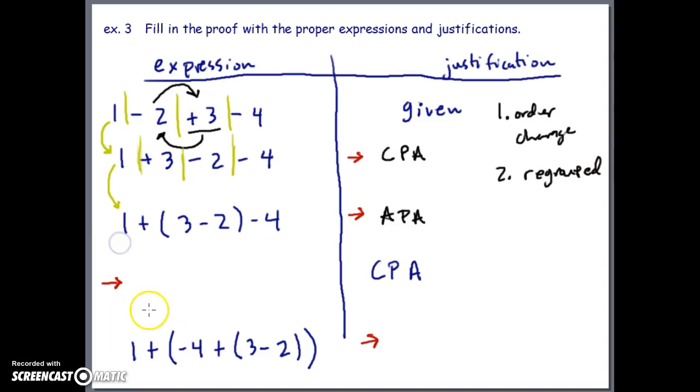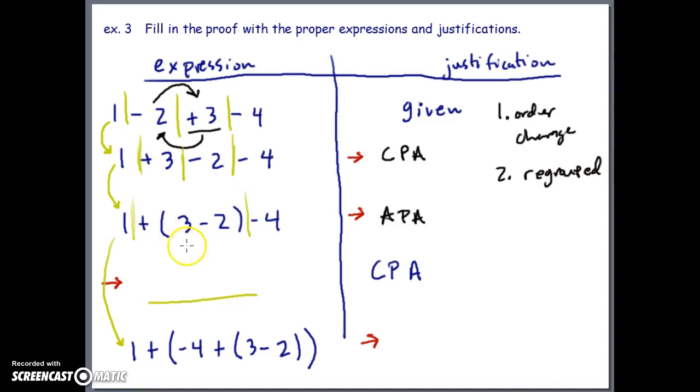Well, we've got to fill in this blank expression. So we've got to identify what the changes are from this expression to this expression, and there should be 2. There should be one change right here that we've got to fill in, and then one change from here to here that we've got to fill in the justification for. The first change: if we look at the order, there's one term, there's two terms, and now there's three terms.